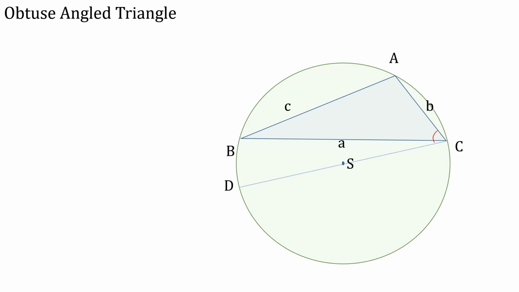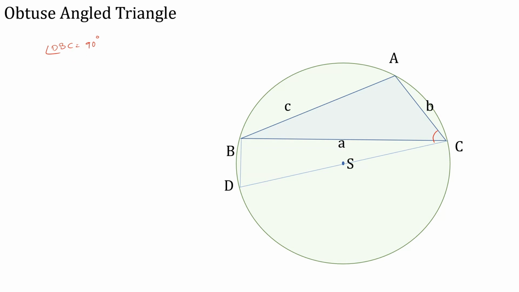We'll name that D and join D to B. Now here the chord DC is making angle DBC in the segment. So this angle DBC will be equal to 90 degrees, as this is the angle made by the diameter DC.